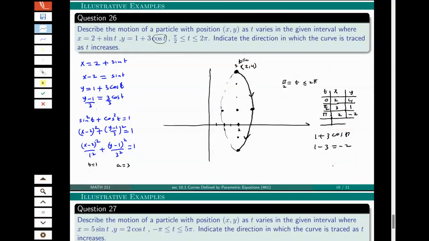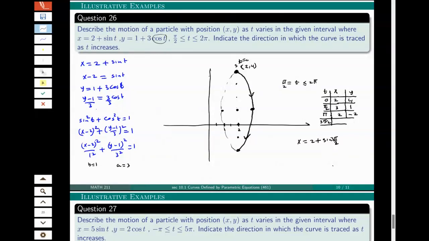Okay. Now, when I put 3 pi over 2, what will happen to the curve? At 3 pi over 2, we will have x equal to 2 plus sine 3 pi over 2.